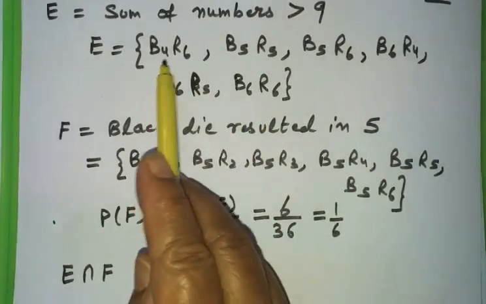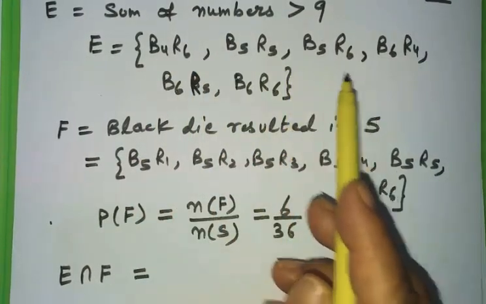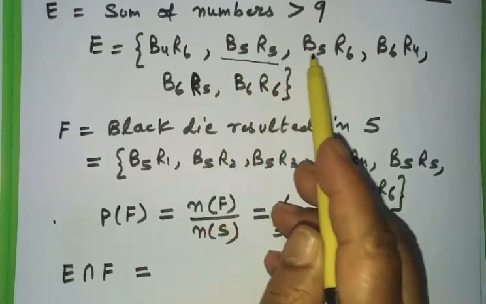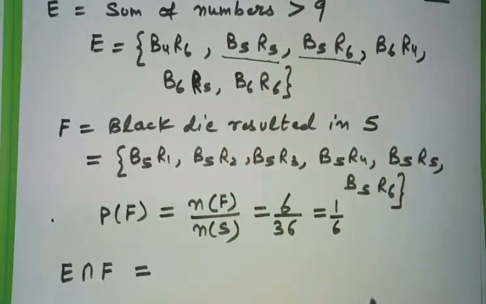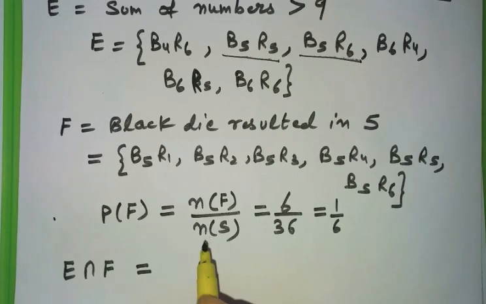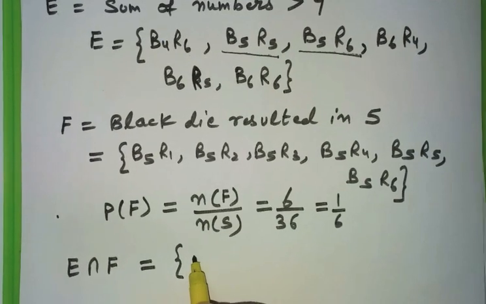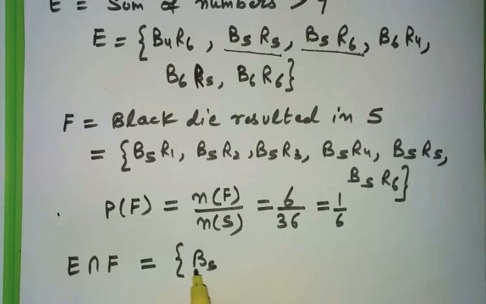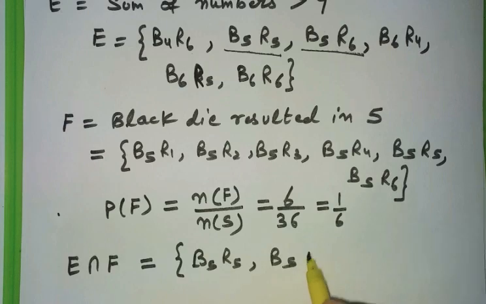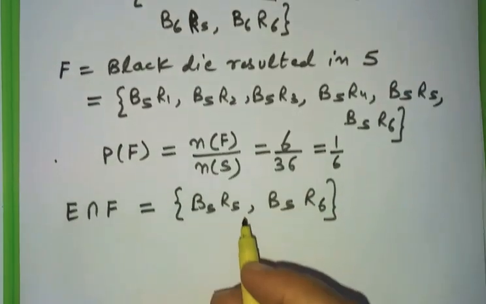All those elements of E which have got first element to be B5. I think these are the only common elements. So E intersection F contains B5 R5 and B5 R6. So we have got 2 elements only.